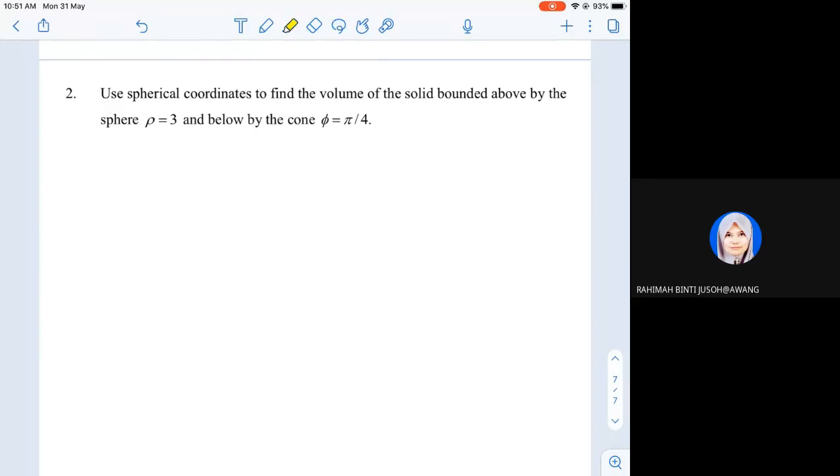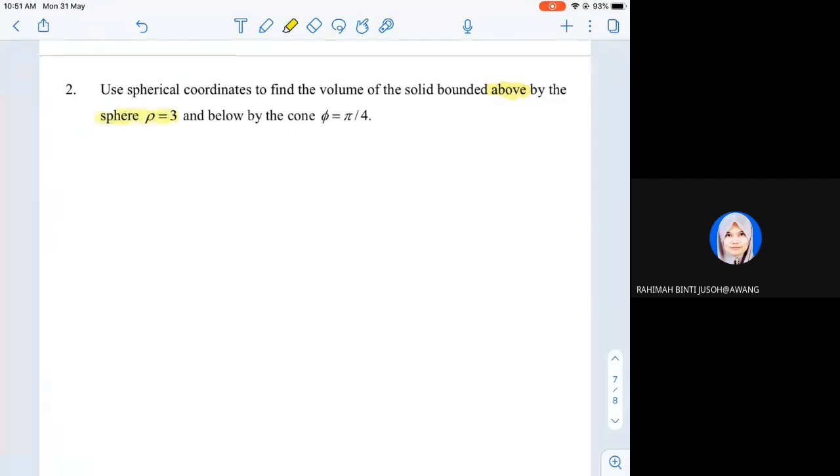Alright, let's highlight the keywords here. So in your final exam, please highlight the keywords. Baca betul-betul. So above the sphere and below the cone. Atas tu sphere, bawah tu cone. Alright. So we're gonna have something that looks like this.